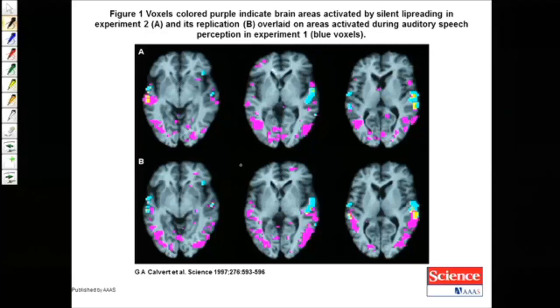So the purple indicates the lip reading, the blue indicates auditory perception generally, and you can see in yellow there are patches, relatively large patches, either side of your temporal regions that are involved in the combination of the two. In other words, lip reading, figuring out the audio properties and the visual properties at the same time.